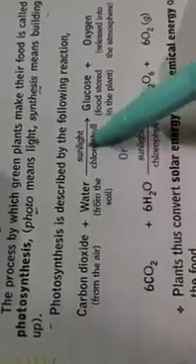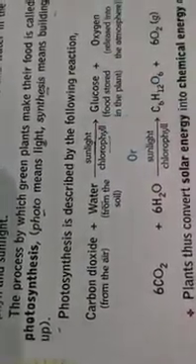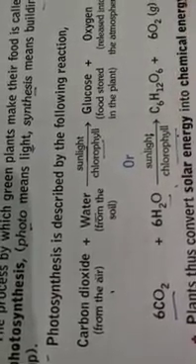For photosynthesis, I have told you earlier that four things are required. What are those four things? Carbon dioxide, water, sunlight and chlorophyll. Carbon dioxide and water, CO2 and H2O, react with each other in the presence of sunlight and chlorophyll, which is present in the leaves of the plants.